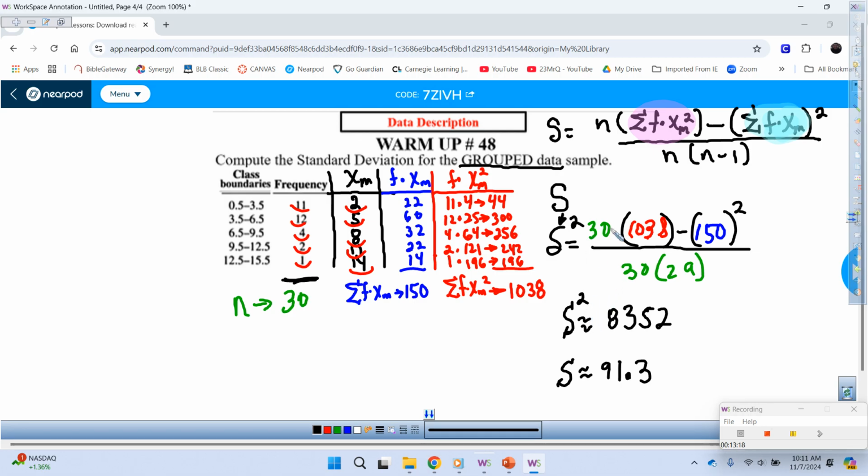All right. So, double check, guys. Your computation, 30 times 1038 minus 150 squared divided by 30 times 29. Standard deviation, double check, please. And Diani's going to double check our numbers here with her calculations.